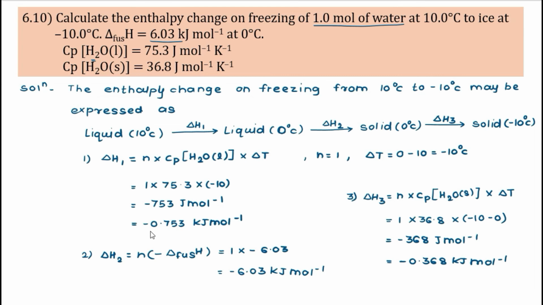Okay. Delta H1 is equal to minus 0.753 kilojoule per mole. Delta H2 is equal to minus 6.03 kilojoule per mole, and delta H3 is equal to minus 0.368 kilojoule per mole. So let's add to find out the total enthalpy change in the system.